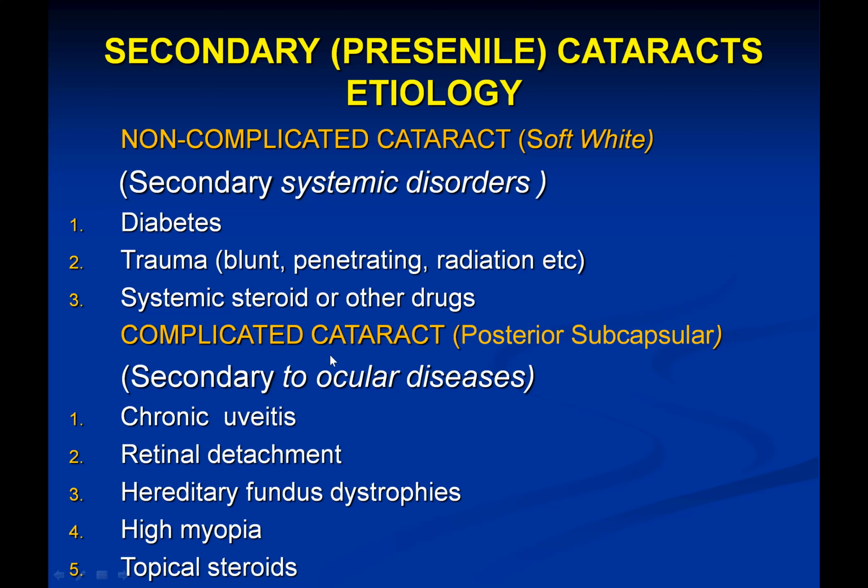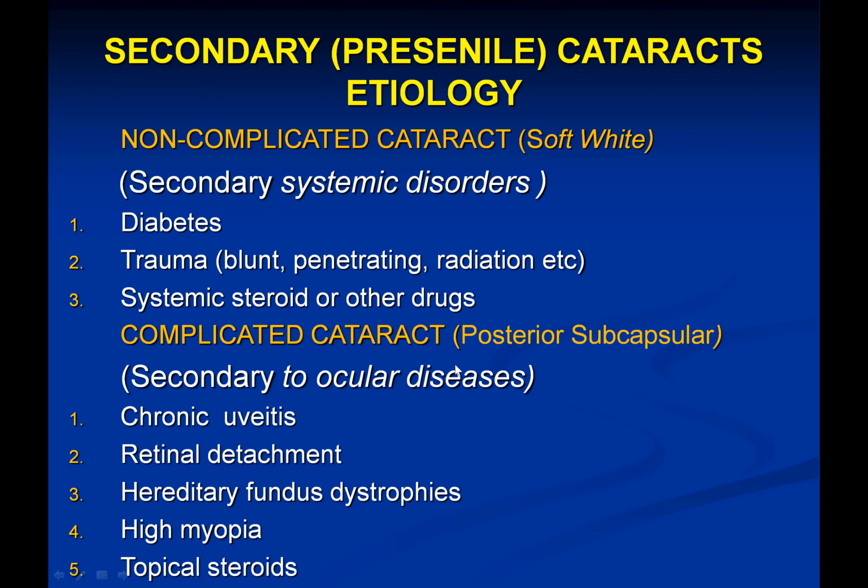It is a complication of other ocular diseases like chronic uveitis, maybe posterior uveitis or sometimes anterior uveitis as well, long-standing retinal detachment, hereditary retinal fundus dystrophies, high myopia, and topical use of steroid drops for a long time due to chronic allergies or as a treatment of uveitis. So these are the causes of complicated cataract and that is always posterior subcapsular.